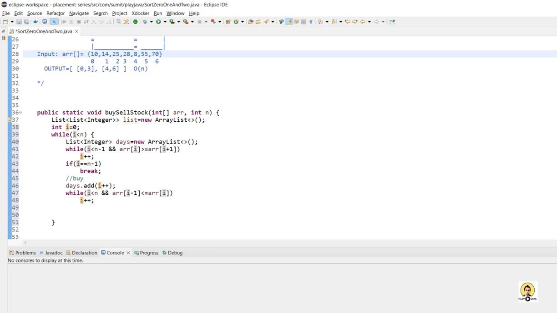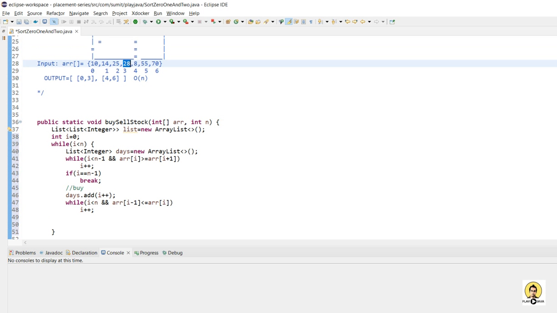So you can find that 25 is greater than 14, so no need to sell, just go on to 25, and then again you will check whether this is less than 28 or not. Again it is less than 28, then keep on incrementing, somewhat like that. Till what point? Till you have the next as a sudden fall of 8. Since this is the maximum point, you need to sell that share.